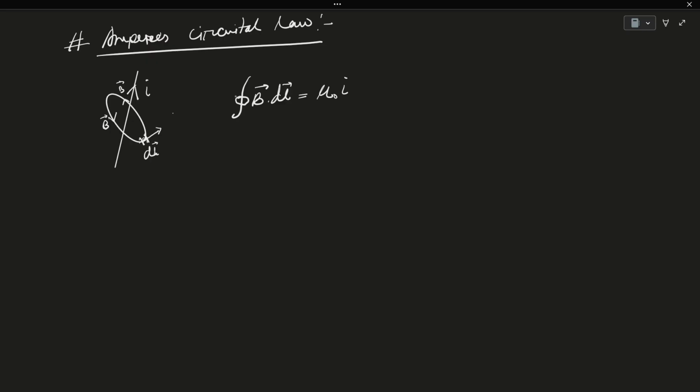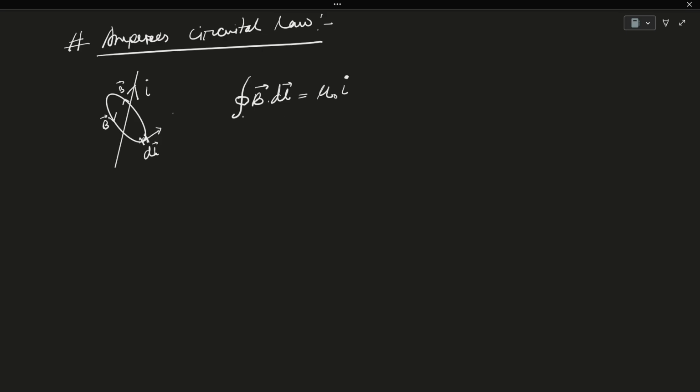This is Ampere's circuital law. First let me tell you that all these four laws I am discussing with you are known as Maxwell's equations, and these were given by Maxwell.